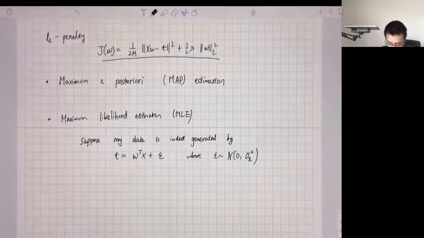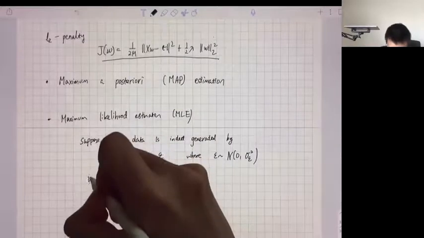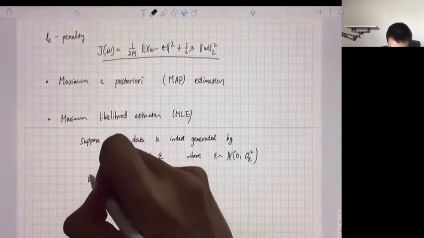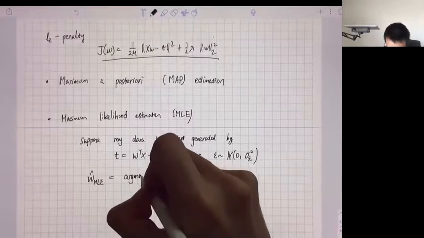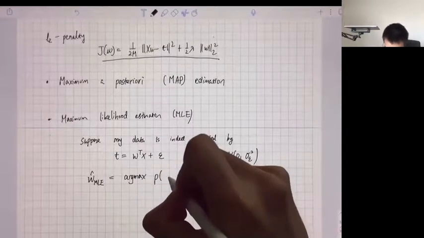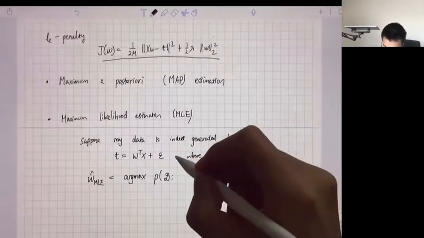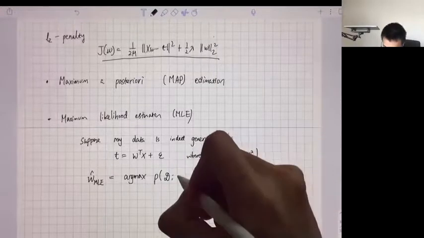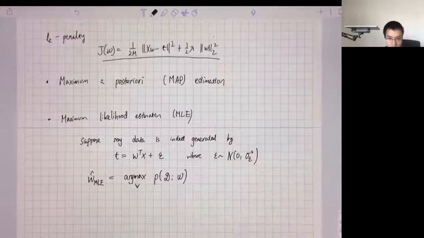This is my assumption. And for MLE, my estimate, W MLE hat, is the argmax over the probability of the data parameterized by W. So it's my MLE estimation.